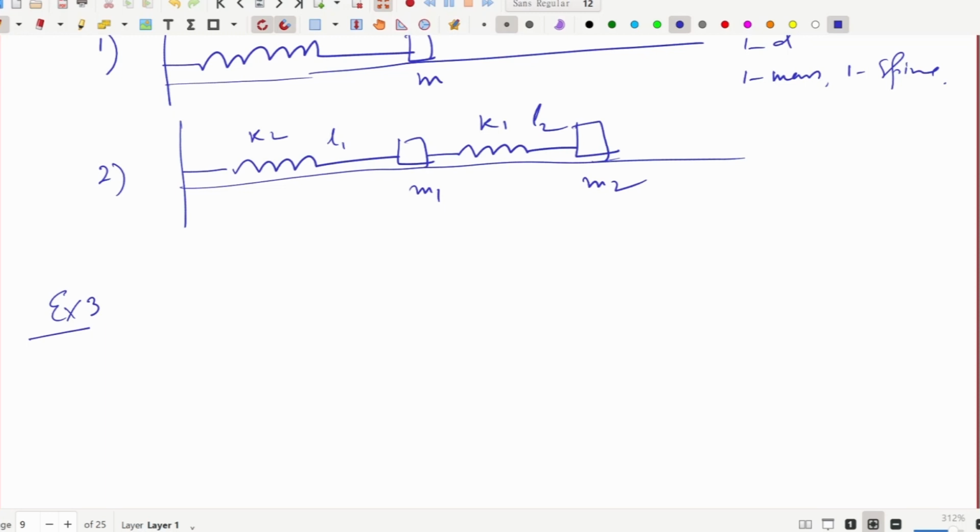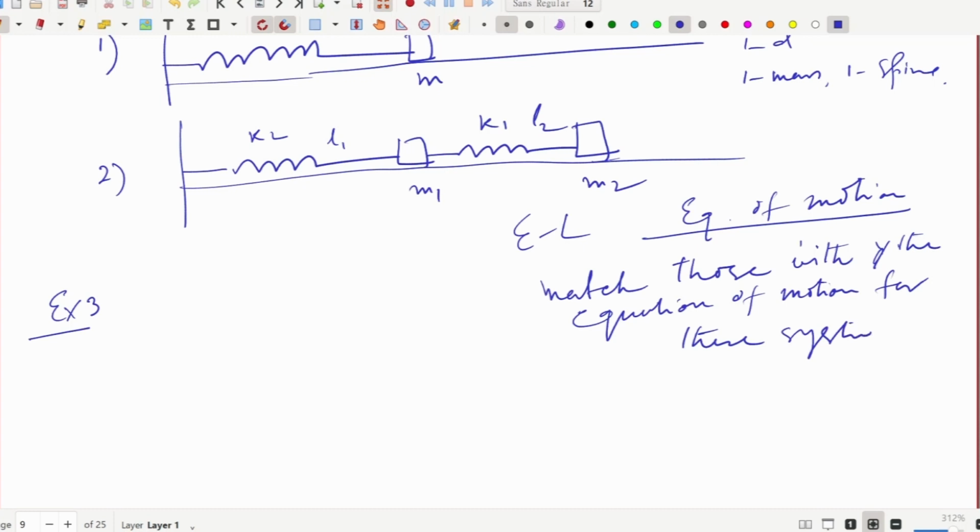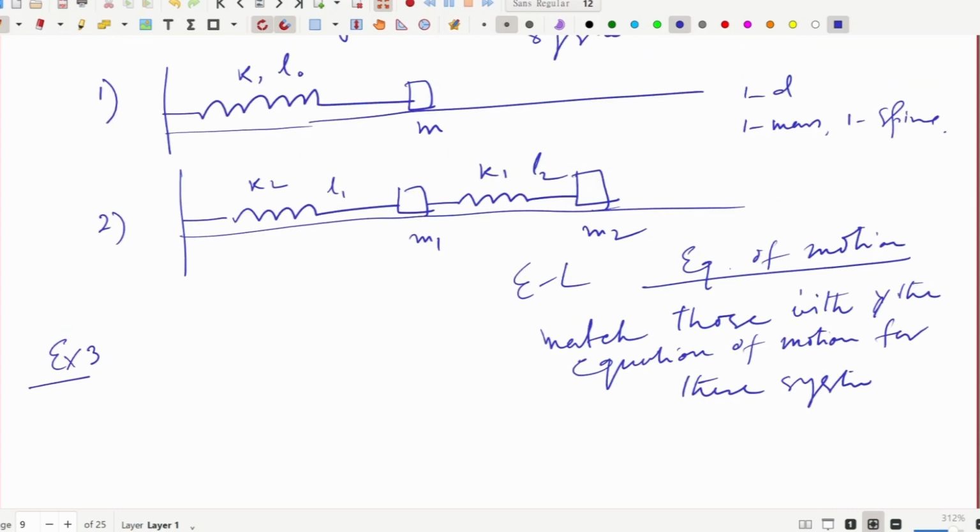That is why I asked you to solve these simple mass spring problems. Find the Lagrangian and equation of motion, find the Euler-Lagrange equation of motion and match those with the equation of motion for these systems, which is known to you. You know this from school.